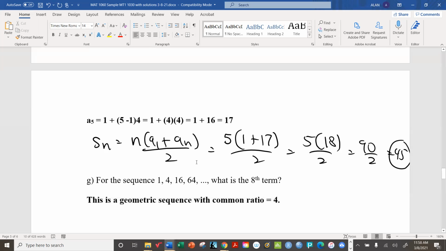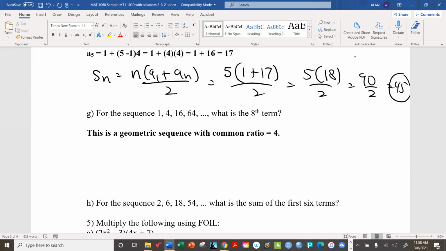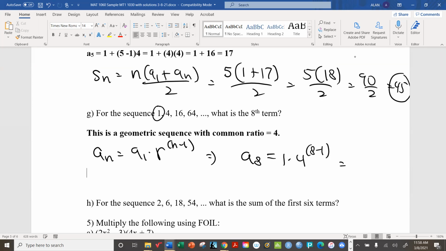So here you may want to just use the official formula, which is An equals A1 times r to the n minus 1 power. So therefore A8 would have to be 1, since that's the first term here, times 4 raised to the 8 minus 1 power, which is 4 to the 7th, and that is equal to 16,384.